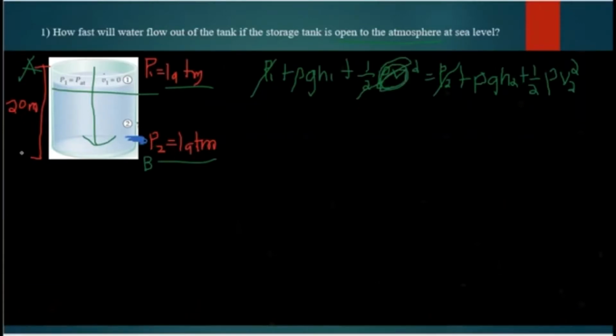And then here in point B, the height is 0. In point A, the height is 20 meters. So now, here in point B, we'll cancel this out. And then, we are left with this. Now we have the same density because we will just use the fluid. So we'll still cancel this out.